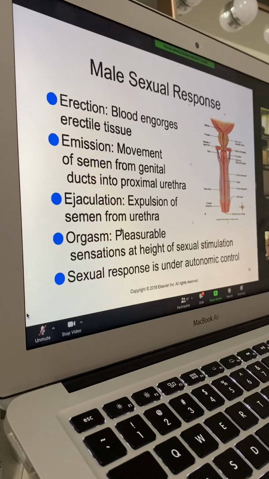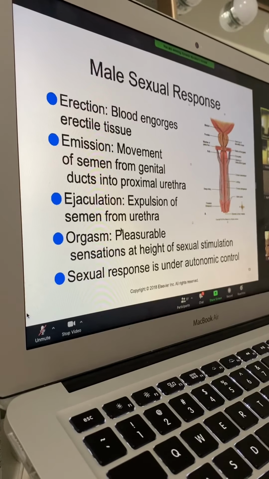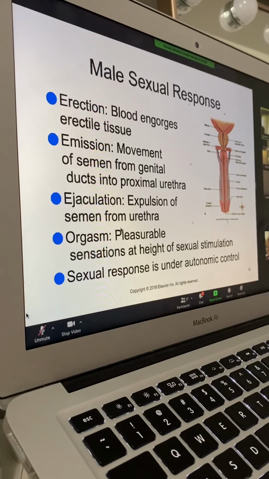Just remember this first. When you say vasodilation in the penis, there is increased blood flow. Vasodilation, that is parasympathetic. When there is increased blood flow, it makes the penis bigger and harder because of the muscle.